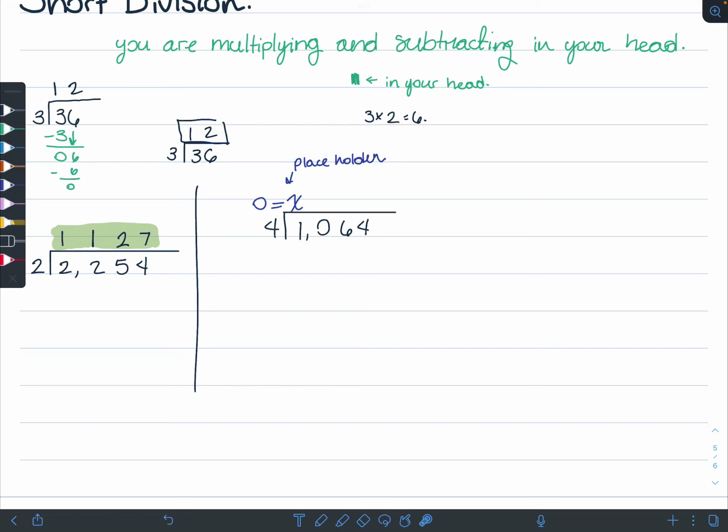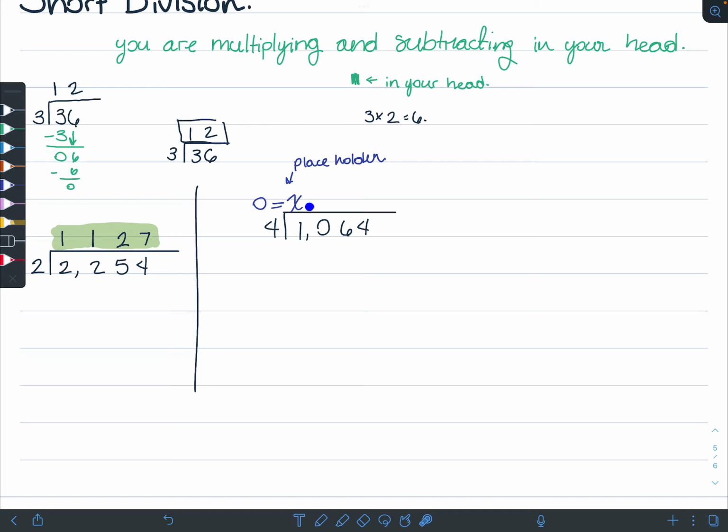So unlike the previous video where X was the unknown number, this X is just a placeholder, just to say that this spot is 0. And then we can move on.